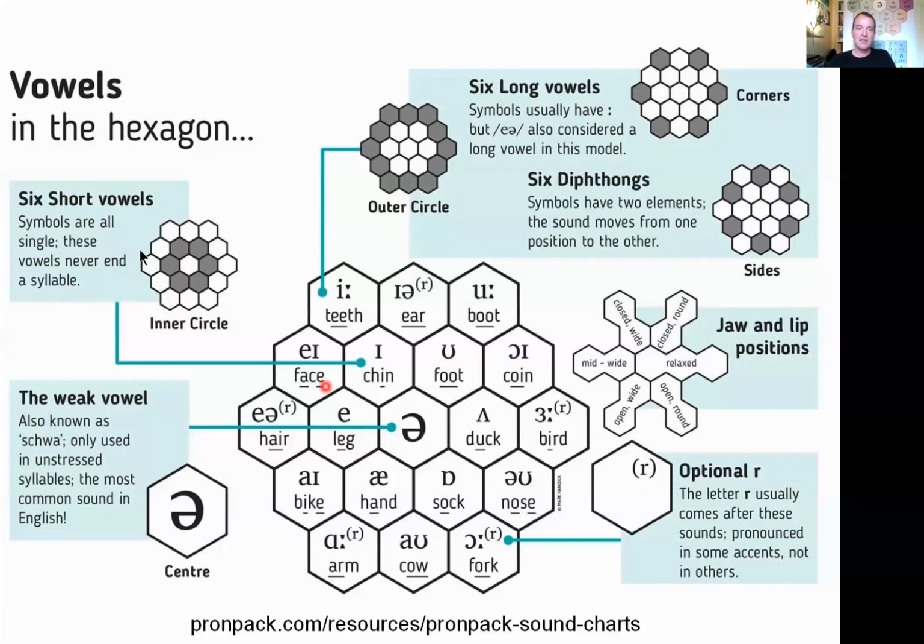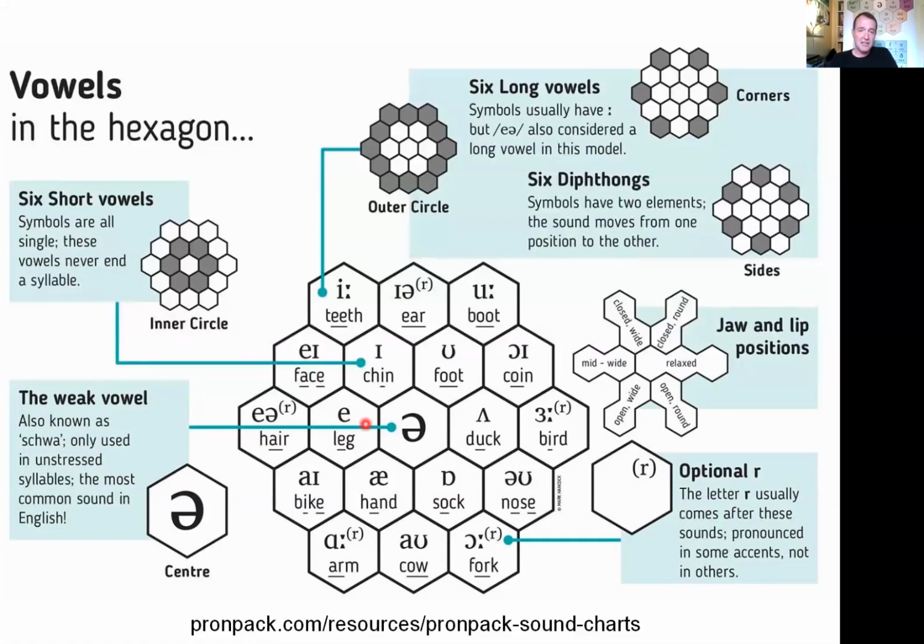And the same goes of the inner circle, which are the short vowels. These ones can't be extended without losing their personality altogether. For example, eh. If you extend it, it becomes this one. It changes. So part of its nature is it's short.